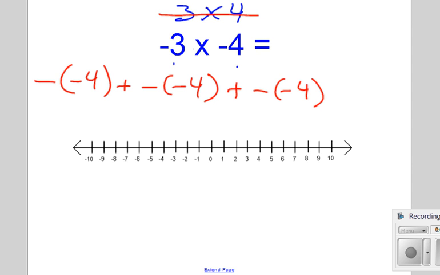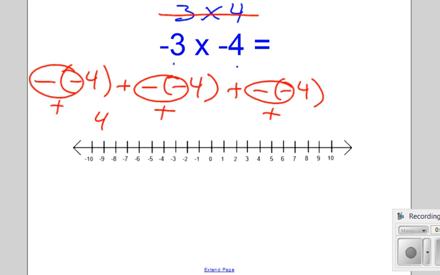Sounds really funny, and it looks a little funny, but when you write it out, suddenly we can see what's going on. A negative and a negative becomes a positive. A negative and a negative becomes a positive. And in the end, you get 4 plus 4 plus 4.